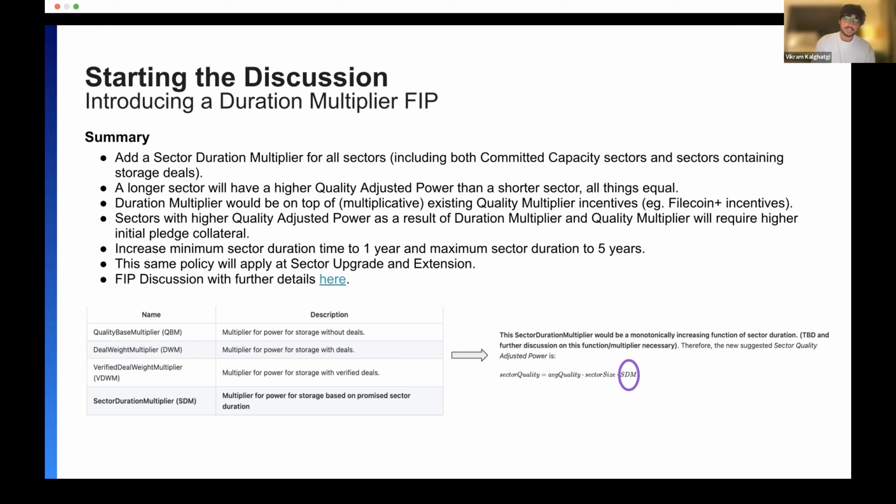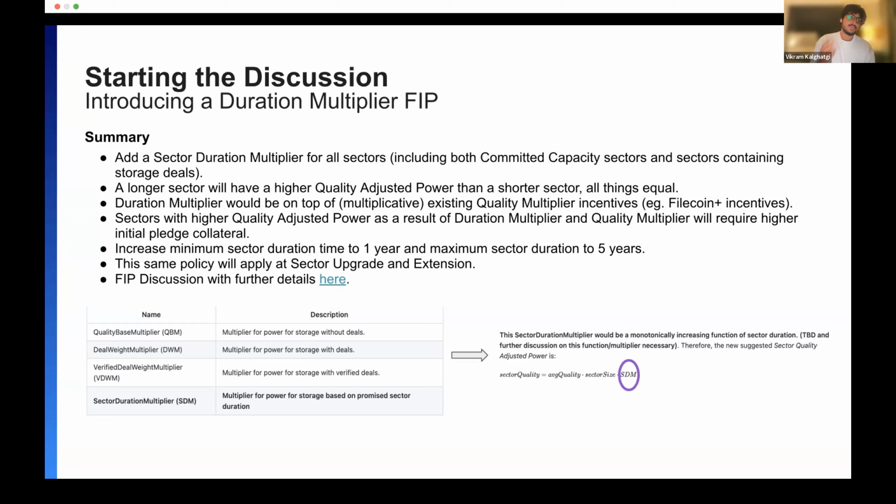We want to compensate miners for that added risk. And similar to the way that Fill+ gives you a 10x consensus power for storing useful data, we want to reward storing data for longer. And that is in this sector duration multiplier function.